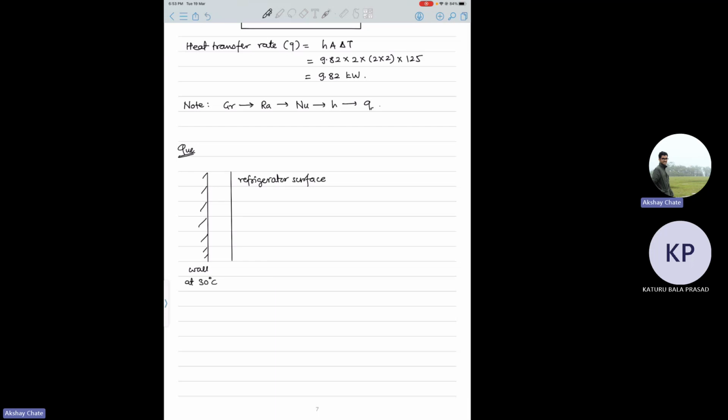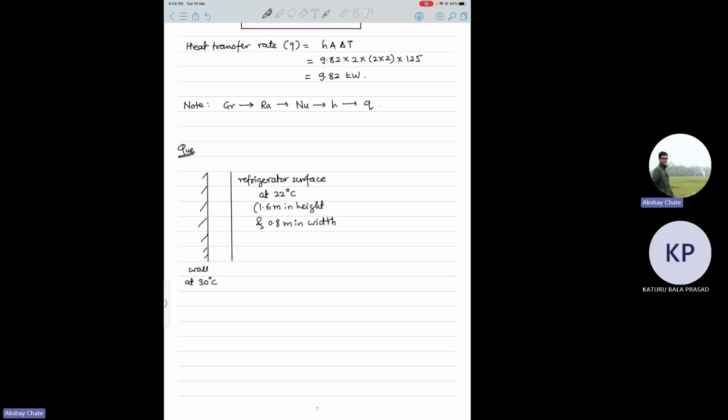The refrigerator surface is at 22 degrees Celsius, and it is 1.6 meters in height and 0.8 meters in width.